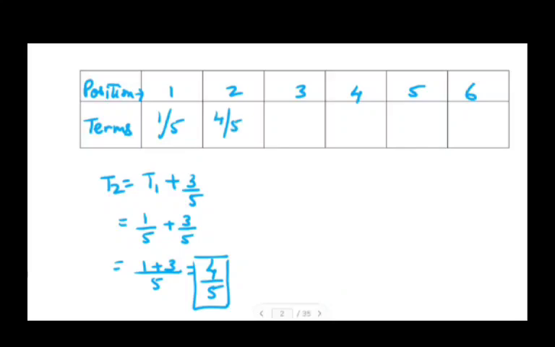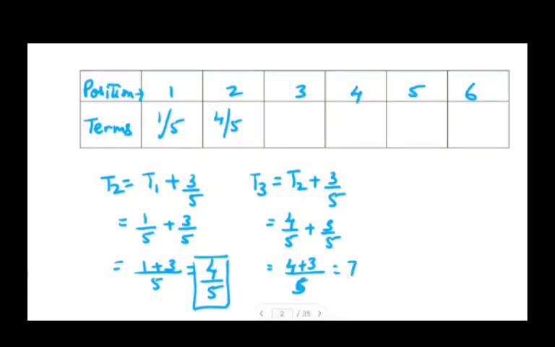4 upon 5. My T3 goes as T2 plus 3 upon 5. So T2 is 4 upon 5 plus 3 upon 5. Denominators are the same, so just 5 once. 4 plus 3, 7. And my answer is 7 upon 5. Children, remember there is a plus sign.